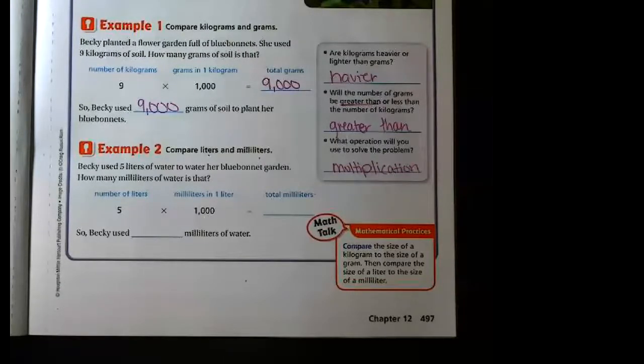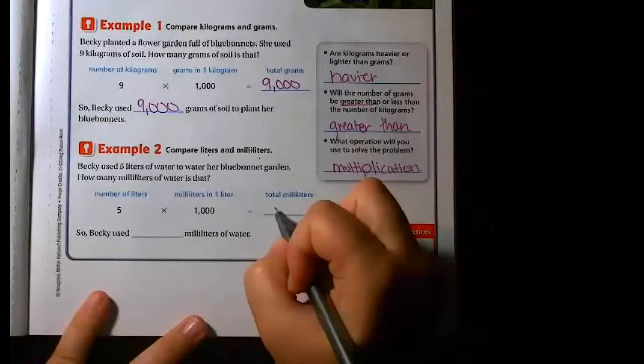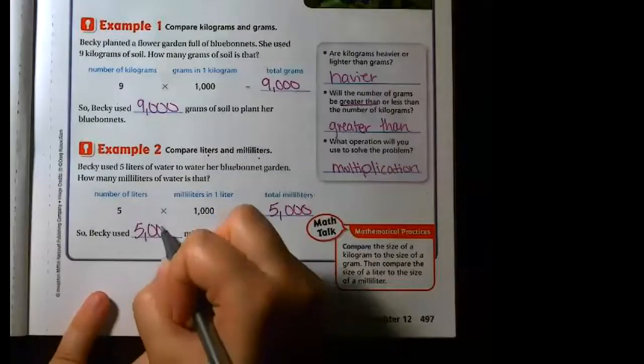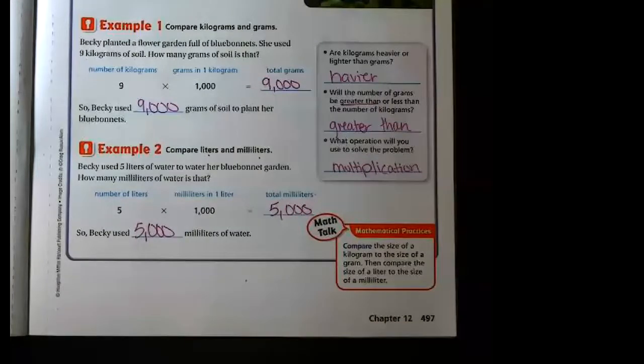So I have 5, which is the number of liters, times 1,000, which is the number of milliliters in 1 liter. This is 5 times 1,000. Great, 5,000. So Becky used 5,000 milliliters of water.